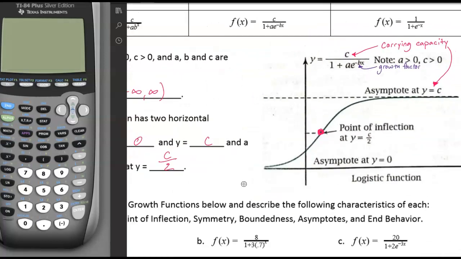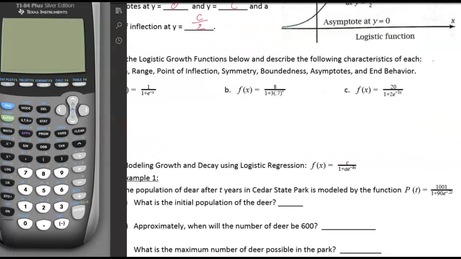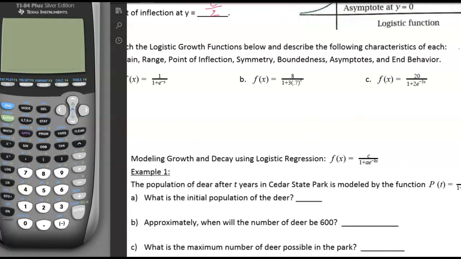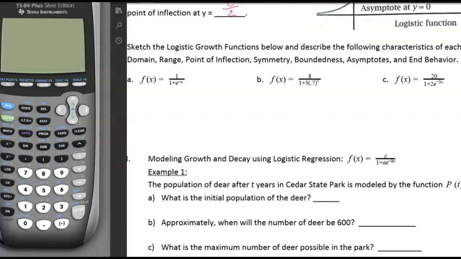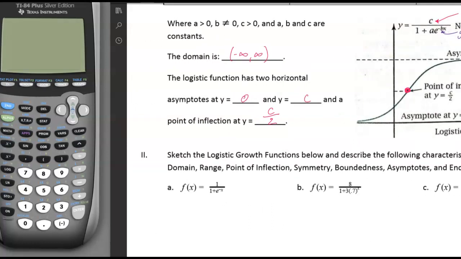All right. So let's go ahead and look at c, because I think c is the hardest to think about. So let's look at c to find the domain, range, point of inflection, symmetry, boundedness. Ooh, let me mention boundedness. Because you have two asymptotes, this entire logistic growth function is bounded both above and below.